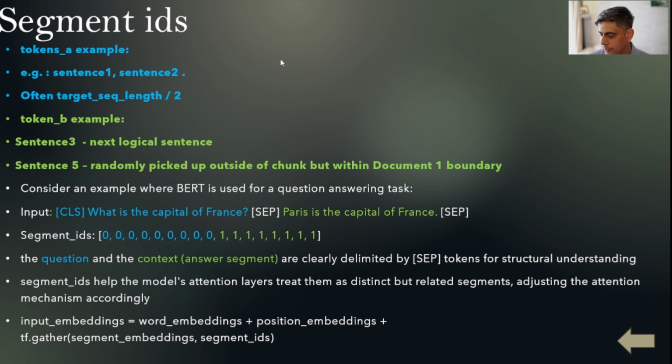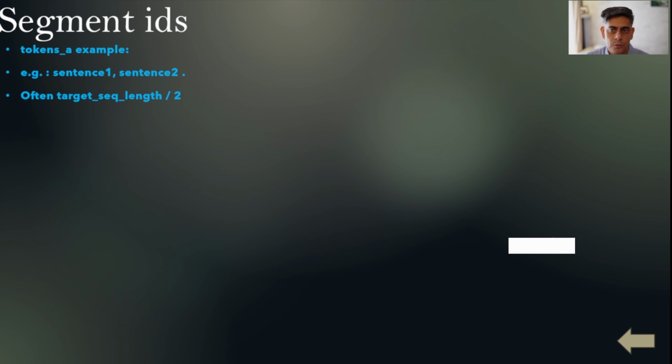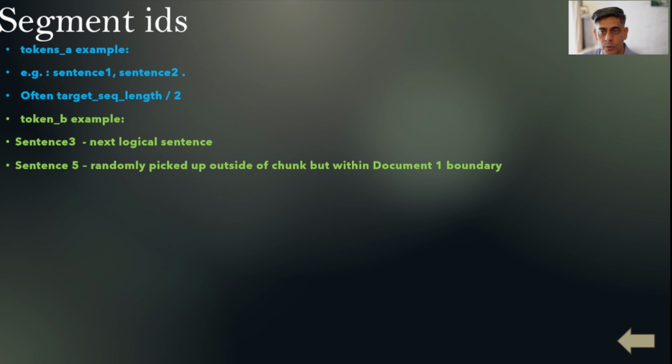Let me show this here. What do I mean? It's like this, the segment ID. So in the token A example, you have sentence 1 and sentence 2, like I said. Often you will split them in two, to mark what is sentence A and what is sentence B. So the token B example is sentence 3, and sentence 5 will be used as a random one.